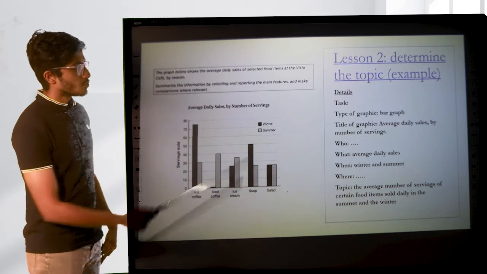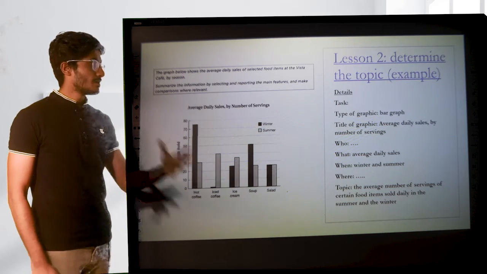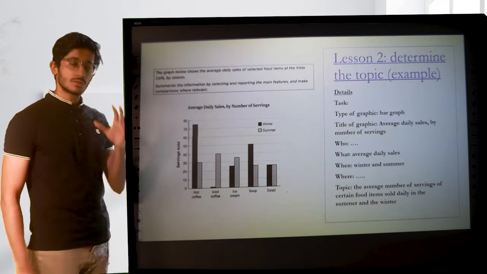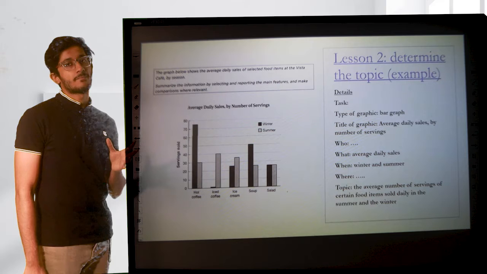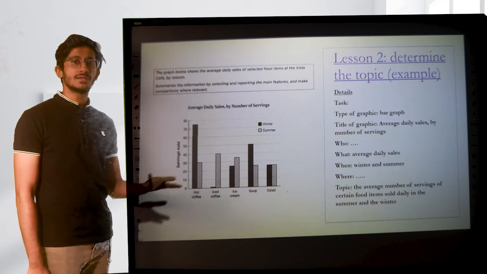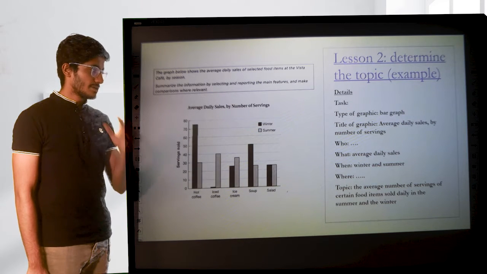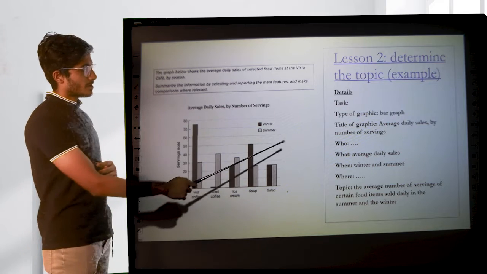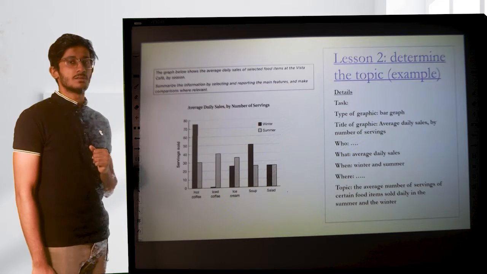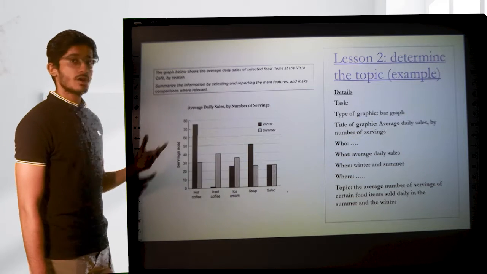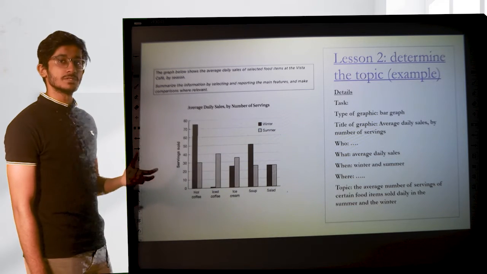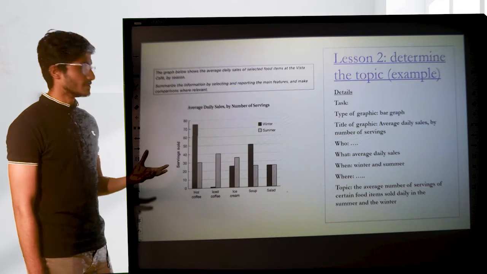So who? Now we go into the 4 W's. One more thing, you may not have all 4 W's in one graph. You may have 2 W's or 3 W's. So don't worry if you don't have a particular dimension of the W. For example, in this graph, we don't have a who because this is not regarding a specific group of people or any particular people.